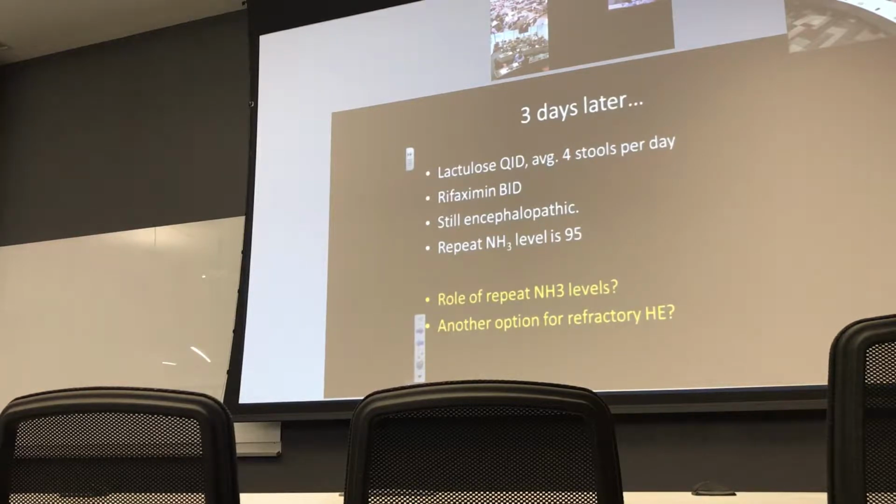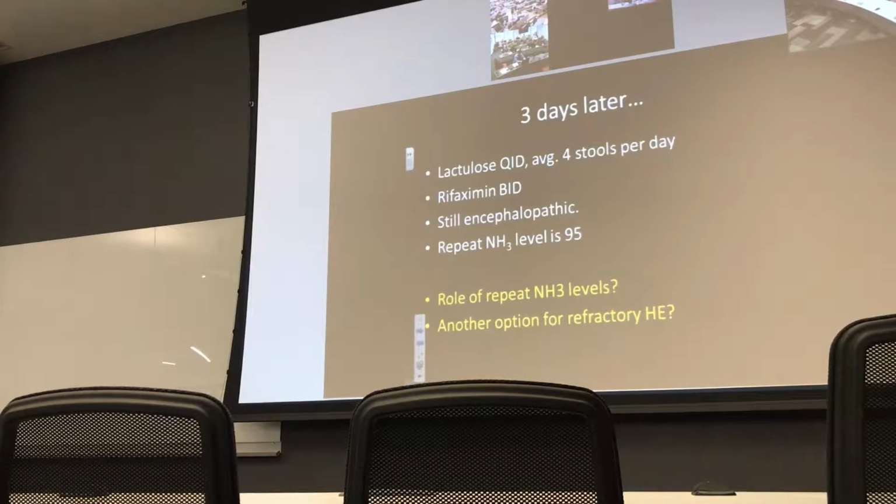So this may be a patient who, even though I'm treating their hepatic encephalopathy correctly, may be deficient in their body's natural ability to clear ammonia. So another option for refractory hepatic encephalopathy, this is the answer to your second question, is zinc sulfate.